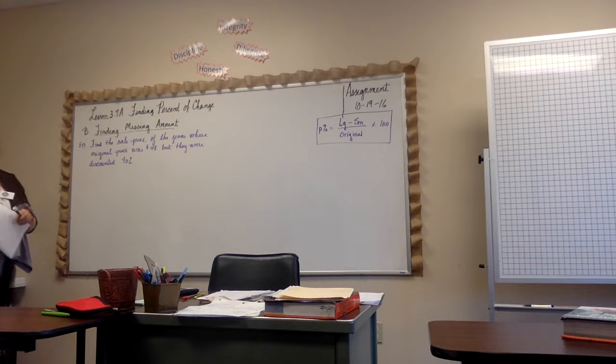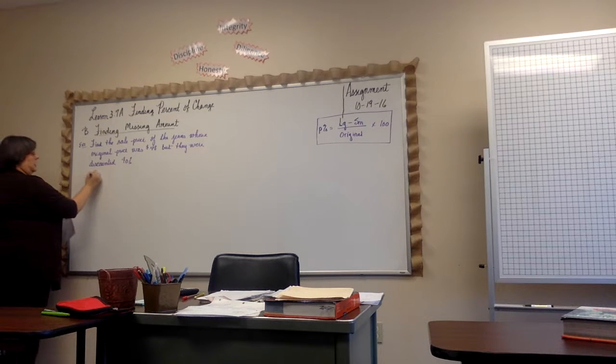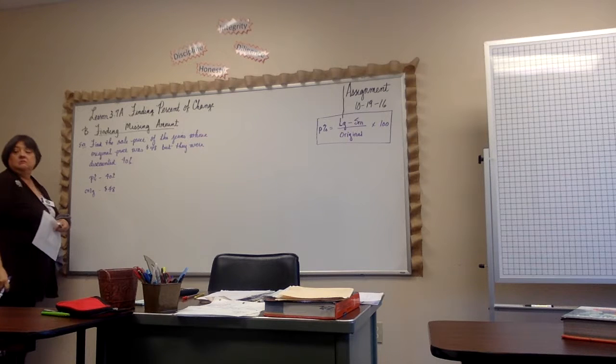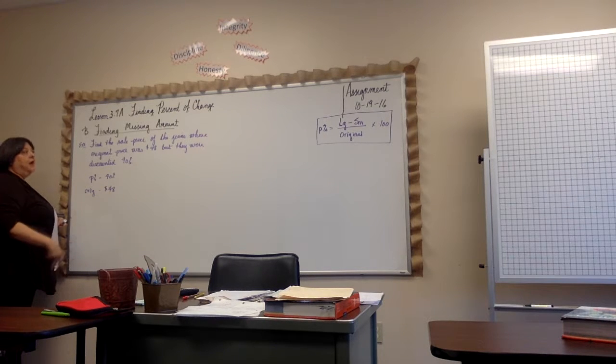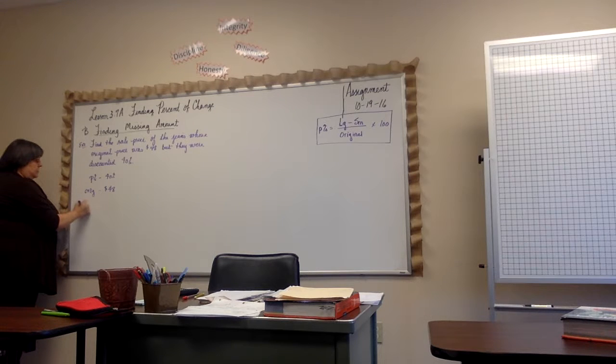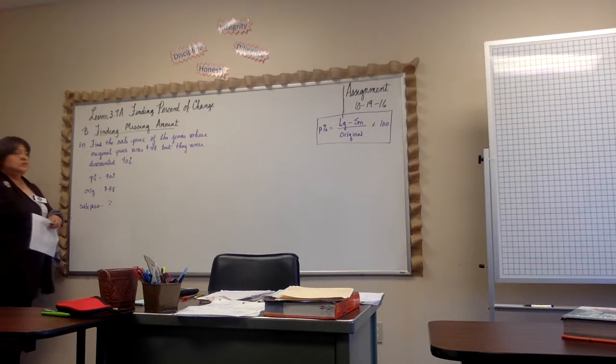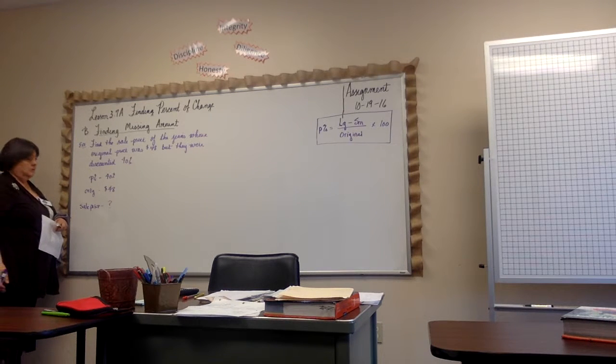Now, sale prices are a wonderful example of percent decrease. This is a decrease problem because the P is 40%, but the original was 48, and they want me to find what the sale price was. So it's decreasing. It's going from $48, you're taking some amount off, and I'm going to find what the sale price is.